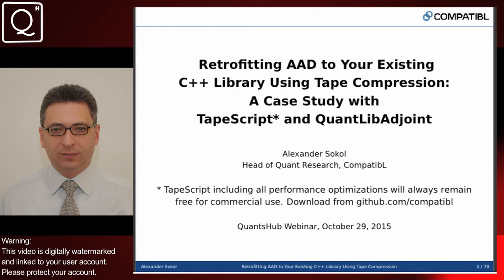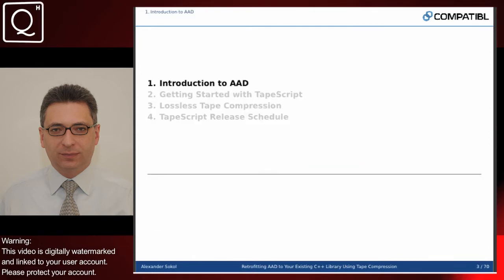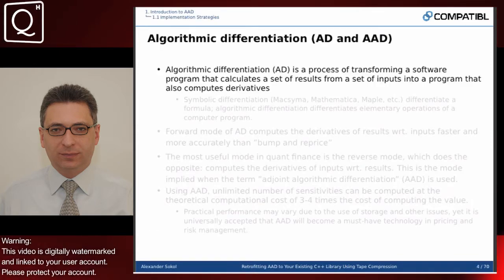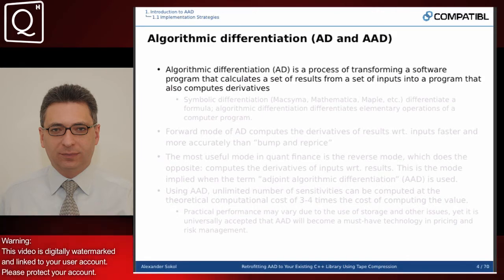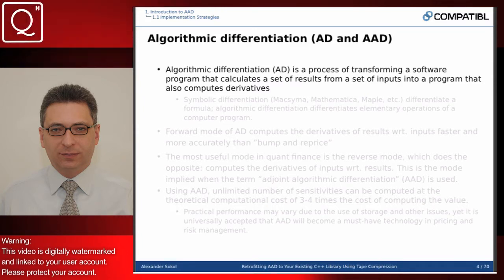First of all, just a brief introduction to adjoint algorithmic differentiation. Algorithmic differentiation in general is a process of transforming a software program which calculates a set of results from a set of inputs into a program that also computes its derivatives. And it uses symbolic differentiation.